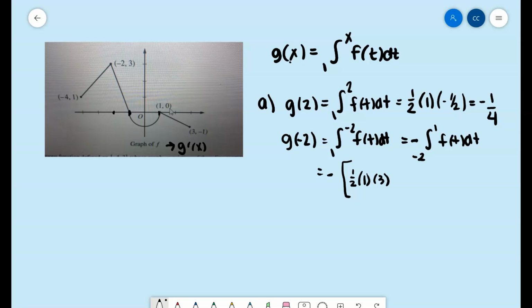So 1/2 base times height plus the area under the curve, which would be negative. So that is a semicircle. So it's 1/2 pi r squared. So in this case, our radius is 1.